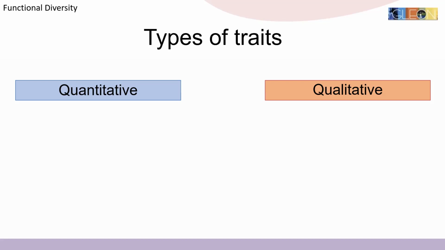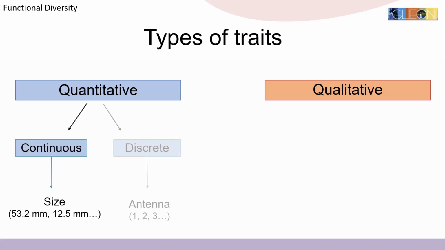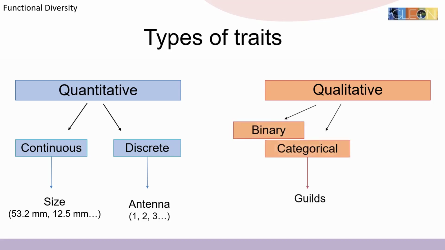So if they are quantitative or qualitative, or if you have a mix of traits, for example. As examples of quantitative traits, we have continuous, such as body size, or discrete, such as the number of antennae or spines, for example. For qualitative traits, we have binary, for example, presence or absence of some structure in the body or some behavior, something like that.